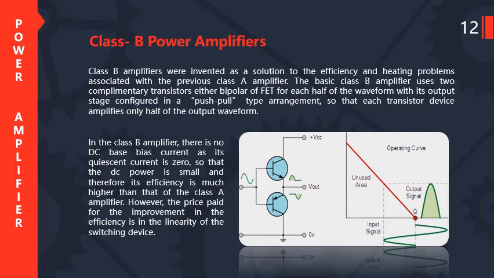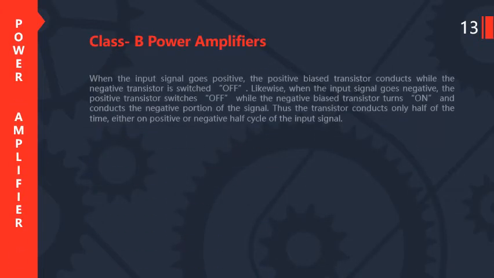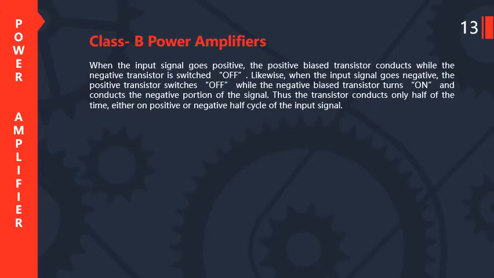This is the circuit diagram of the class B power amplifier and its characteristics. When the input signal goes positive, the positive bias transistor conducts, while the negative transistor is switched off.